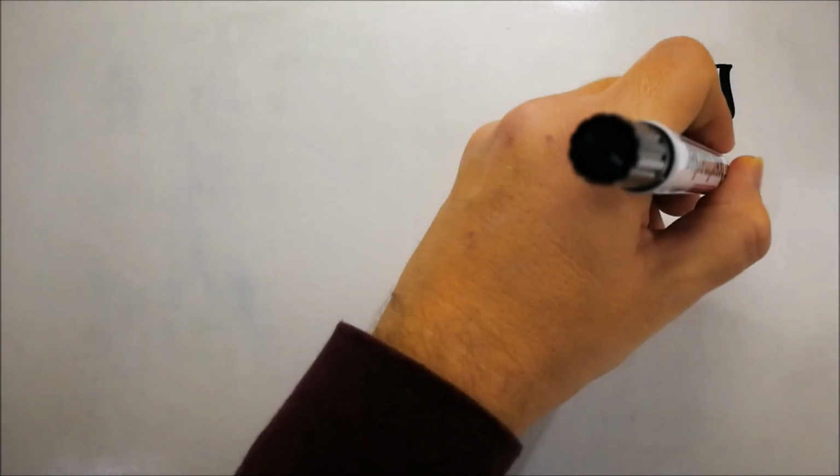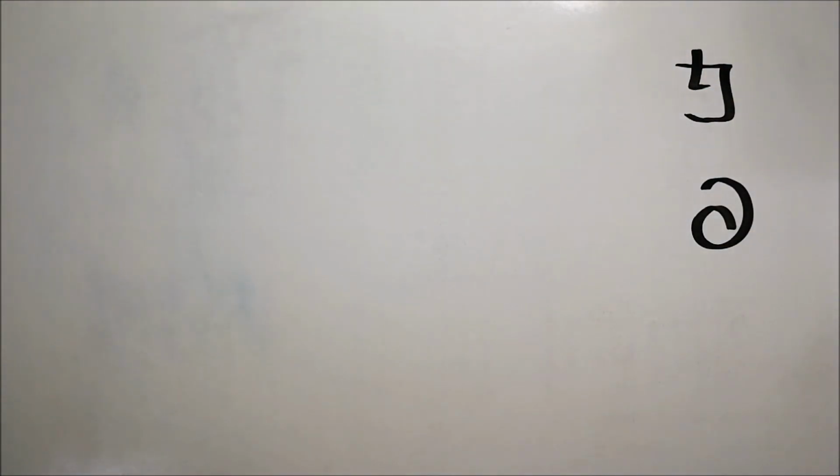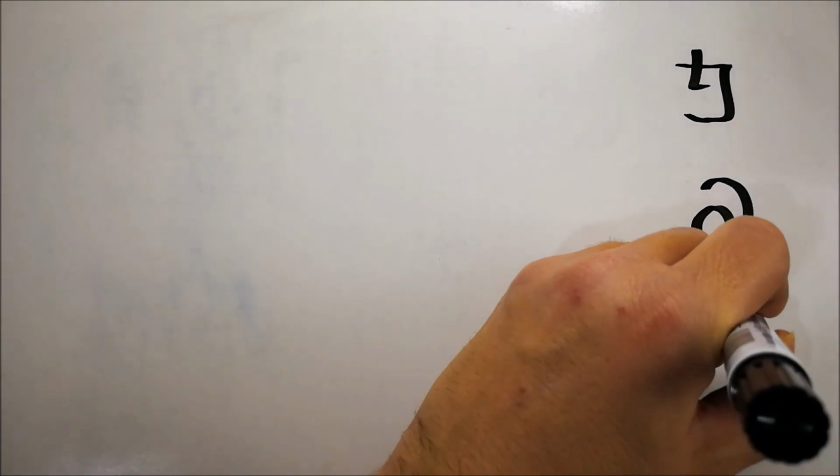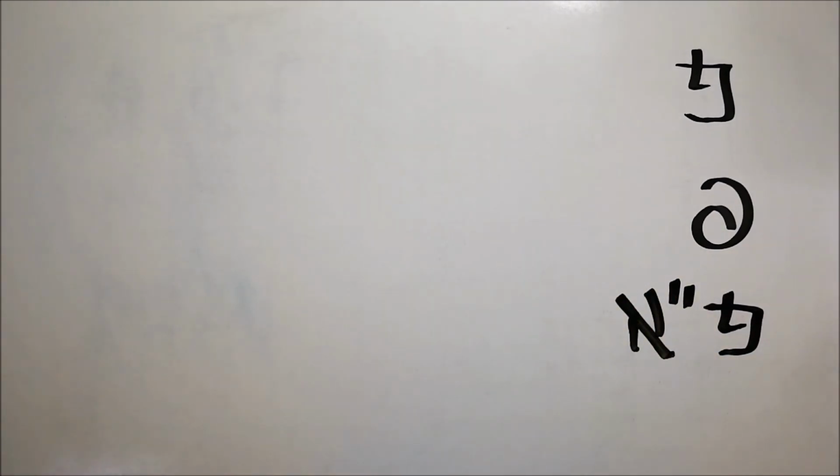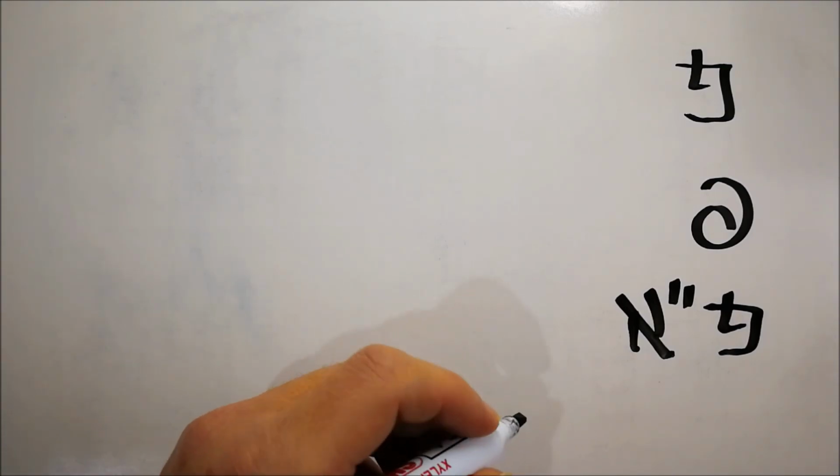The next letter is P. This is how you write P, both in print and handwriting. P has also a final form.